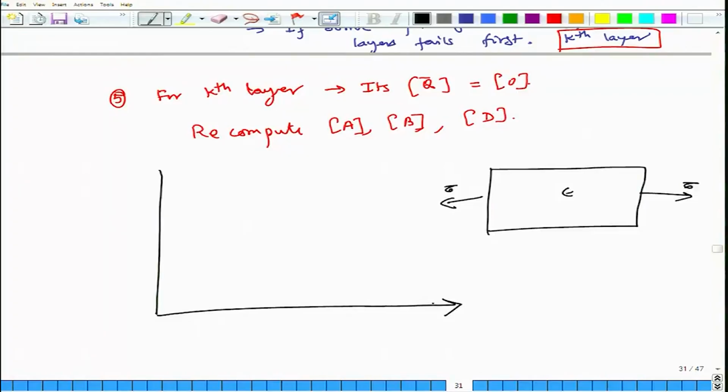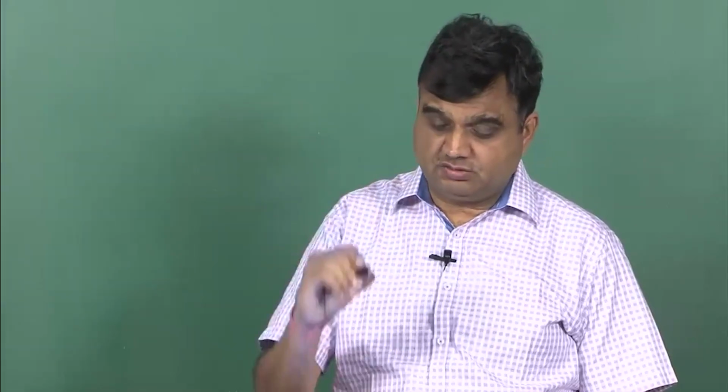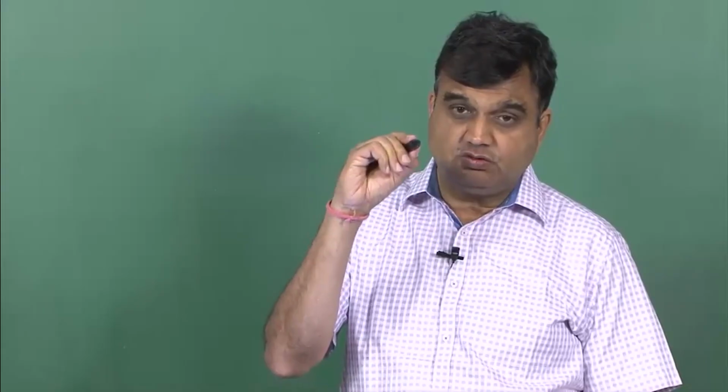If you plot its stress strain response, and suppose there is no coupling between bending and extension, then initially it will be a straight line, and we are assuming that it is a linear elastic system, and then the first layer fails. When the first layer fails, what happens? One of the Q bar matrices becomes 0, and because of this its overall stiffness becomes a little less.